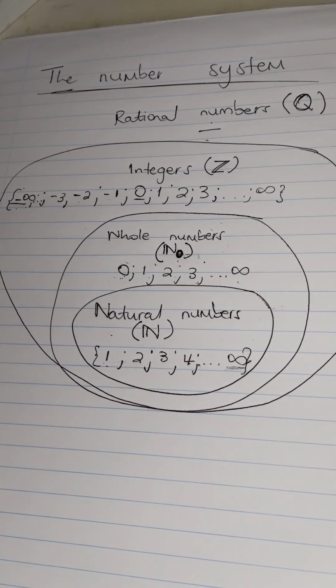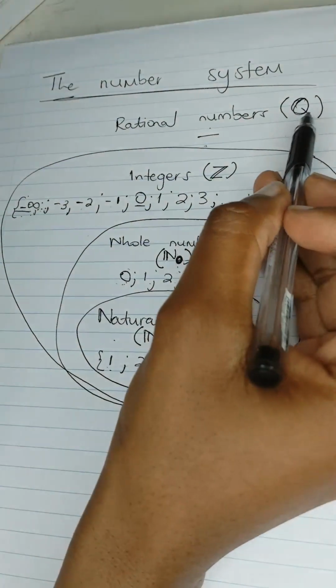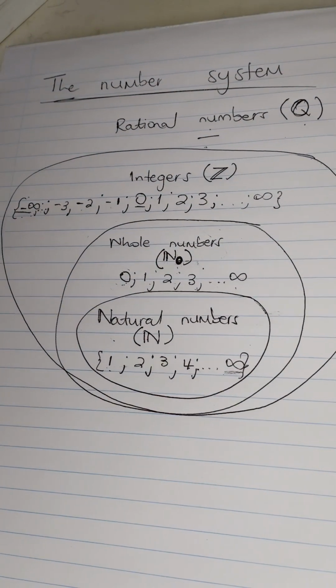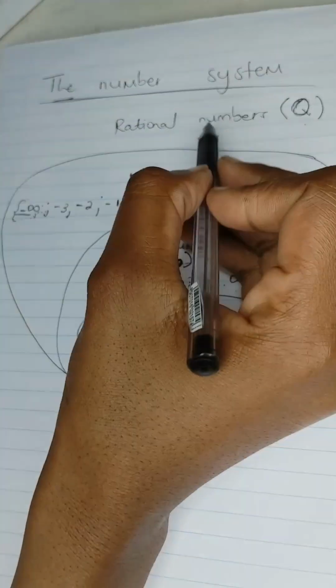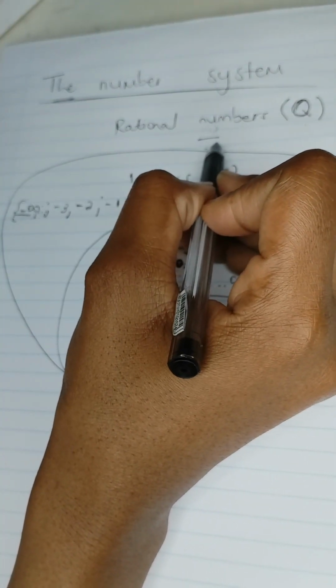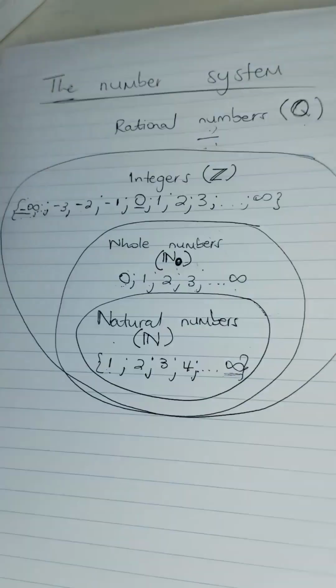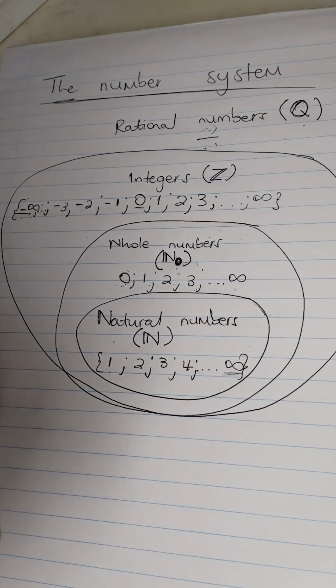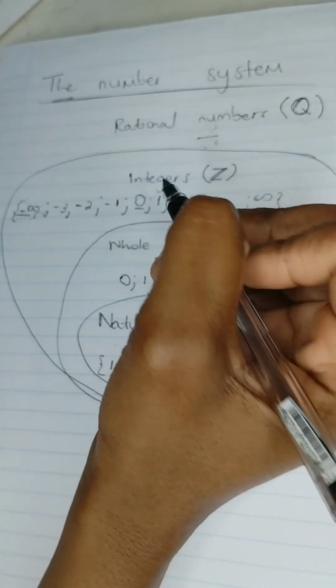You know a fraction has a numerator and a denominator. We denote rational numbers by the capital letter Q. One condition in mathematics that you must know is that your denominator must never be 0.